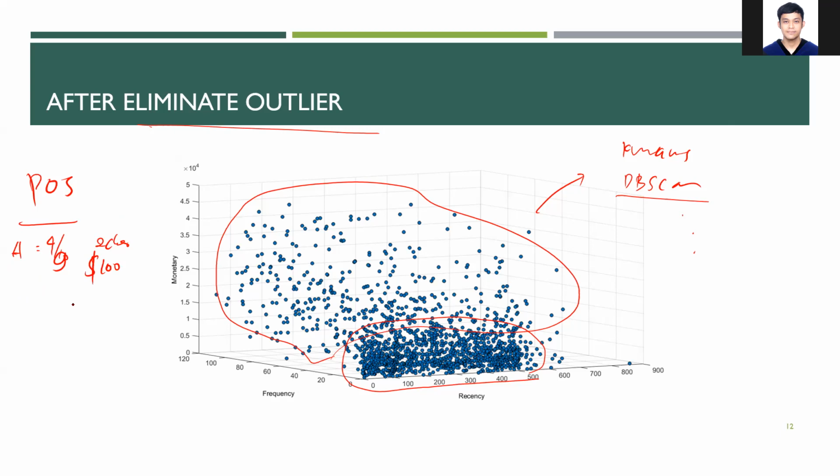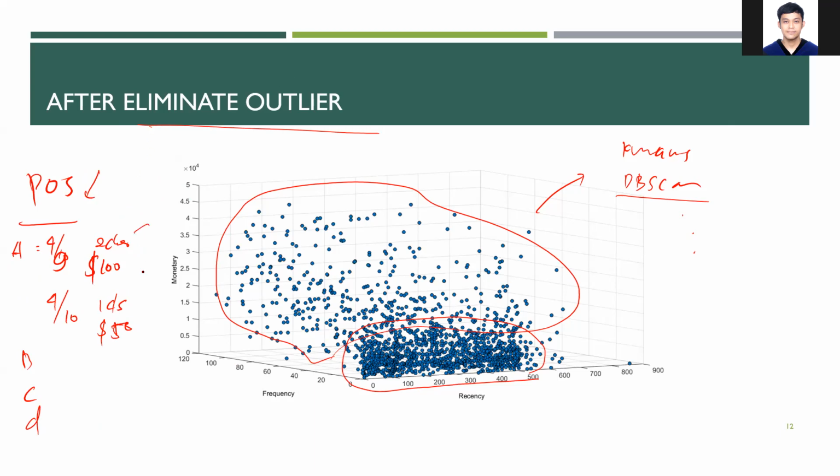And then on April 10 buys one clothes, price is $50. And we have customer B, customer C, customer D, and others. This is the data from the POS, the cashier machines.